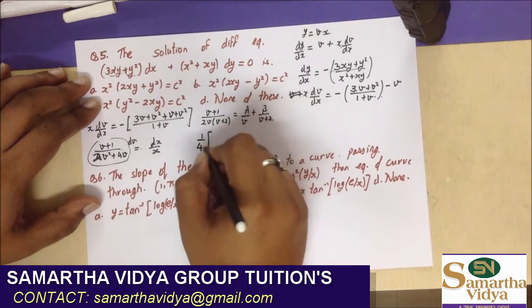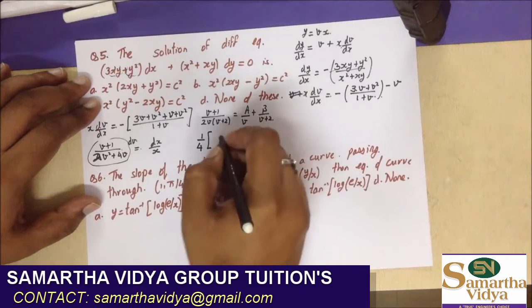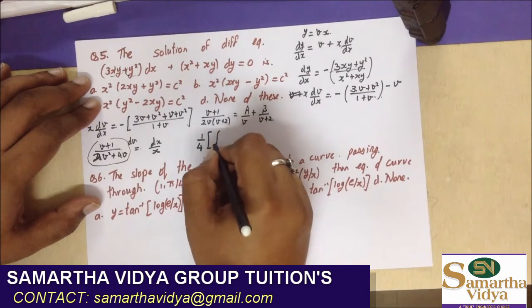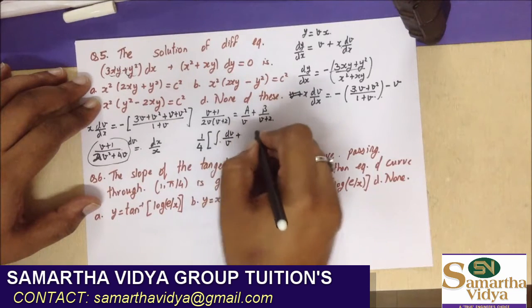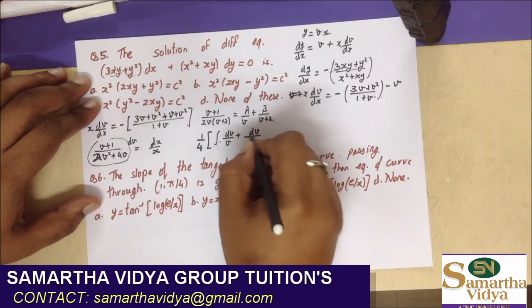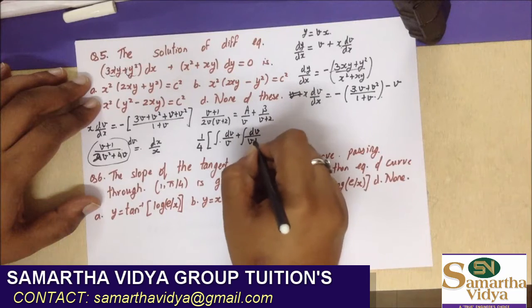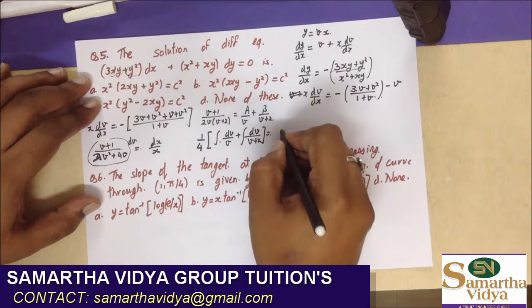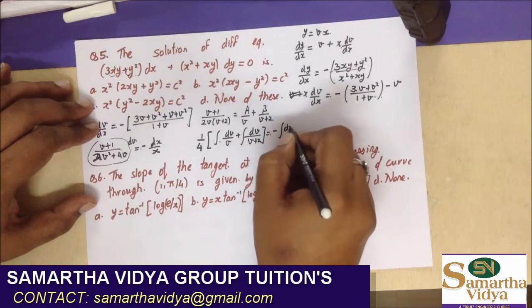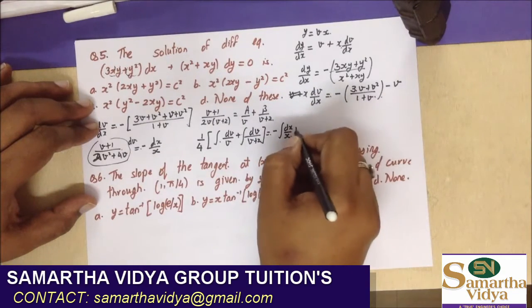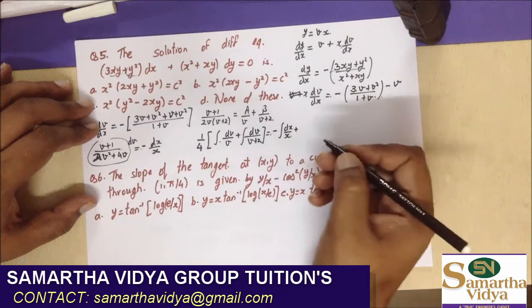So I'll be integrating on both sides. I'll be getting the integration of dv/v plus the integration of dv/(v + 2) is equal to, it's with a minus sign, so minus the integration of dx/x, plus we will be having a c term also.